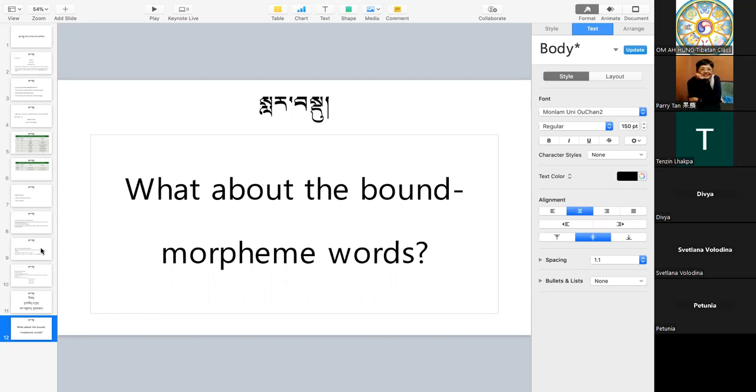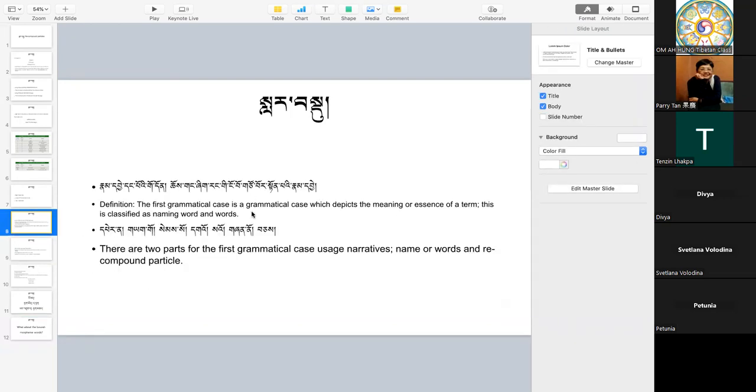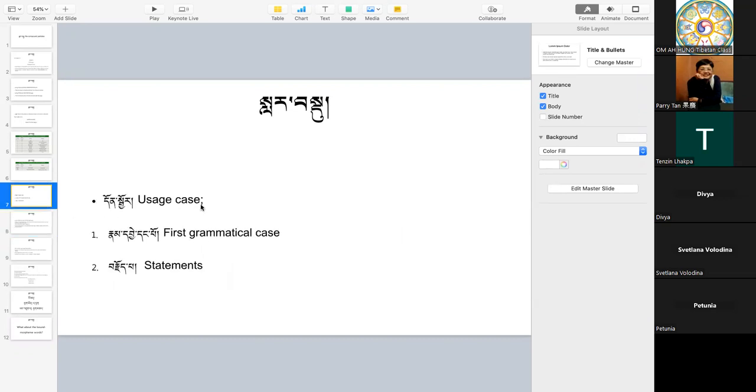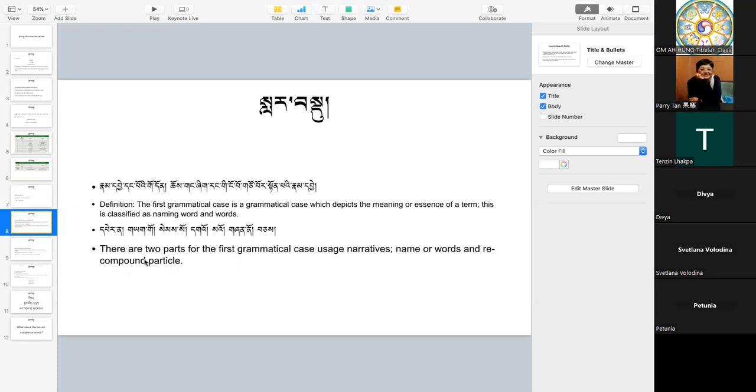And the individuality is further enhanced by our recompound particle. So that is where we see that, oh, recompound particle, yes. This is why these are important. To show the very individuality of the meaning, we use these recompound particles. Otherwise, the recompound particle seems like an extra.